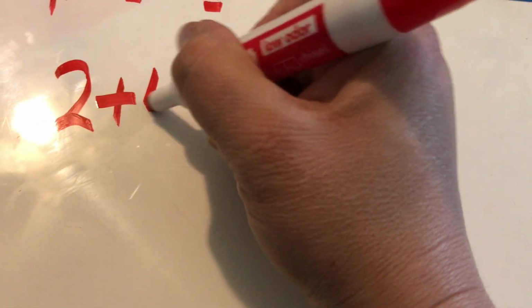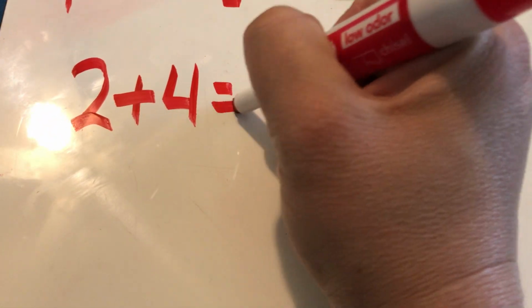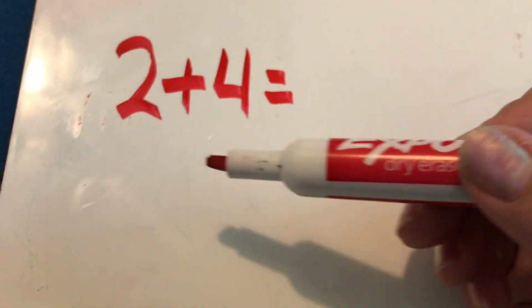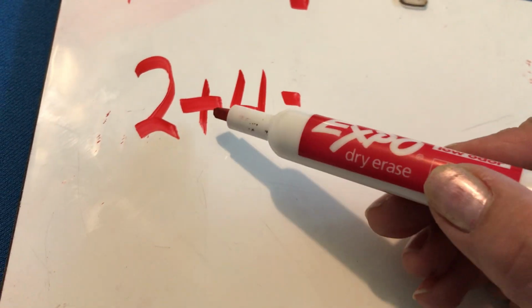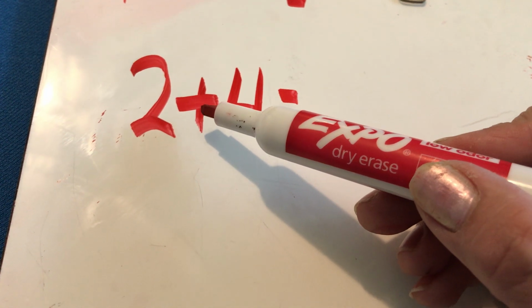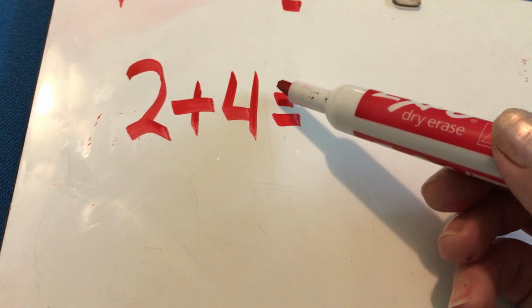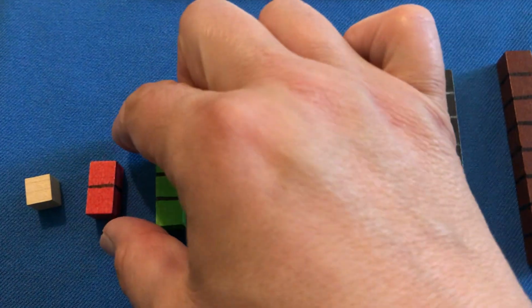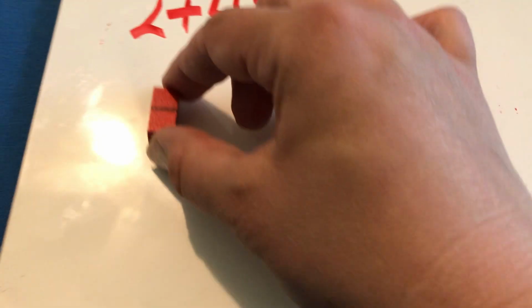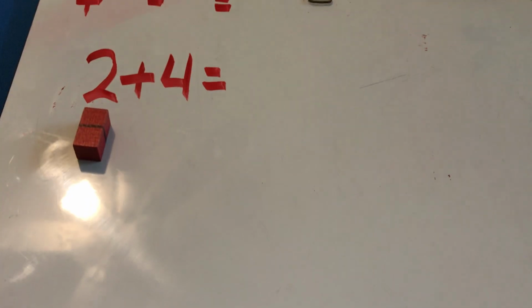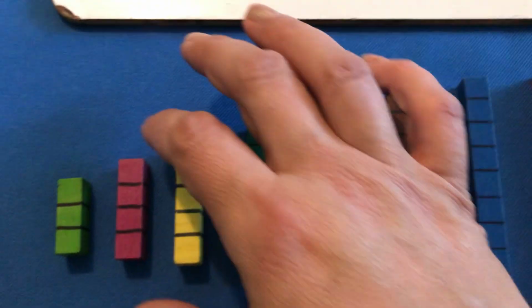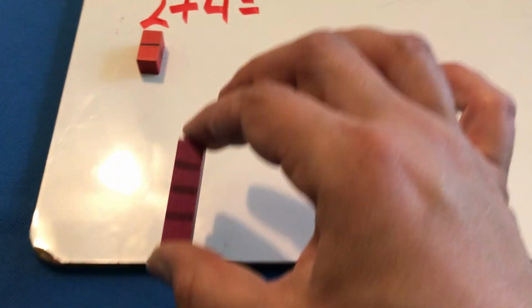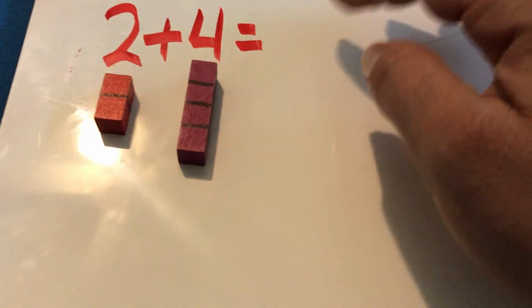My first problem is this. Maybe you can read it out loud. What's that say? 2, what sign is this? Plus 4 equals what? Well, let's get my 2 block. 2 plus, that means more, plus 4 equals what?